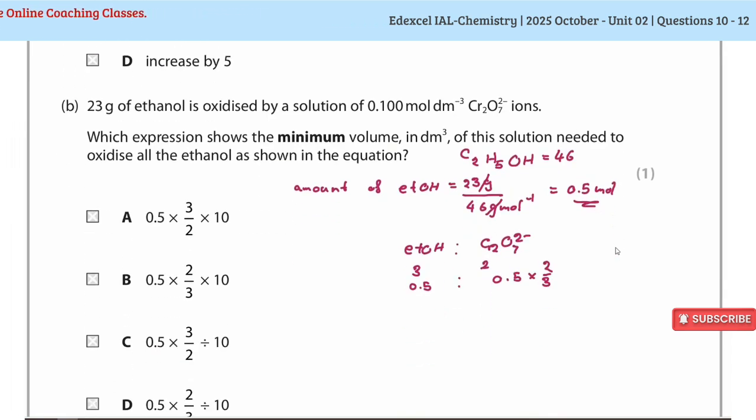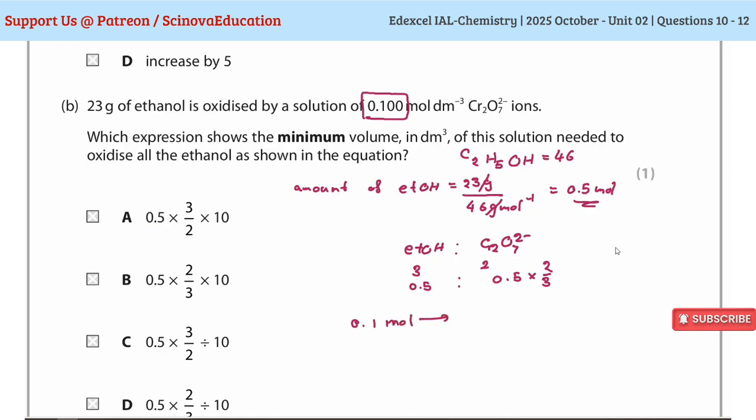And then we have to go to this piece of data, the concentration of dichromate in solution that we have. According to that, 0.1 mole is contained in 1 cubic decimeter, and we have to find the volume of this much.